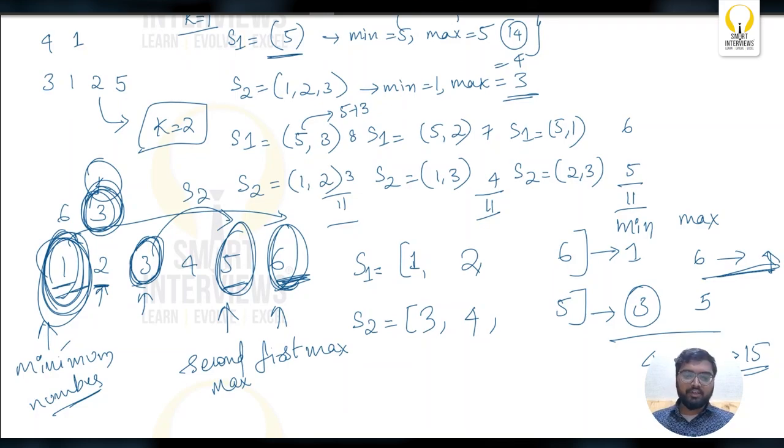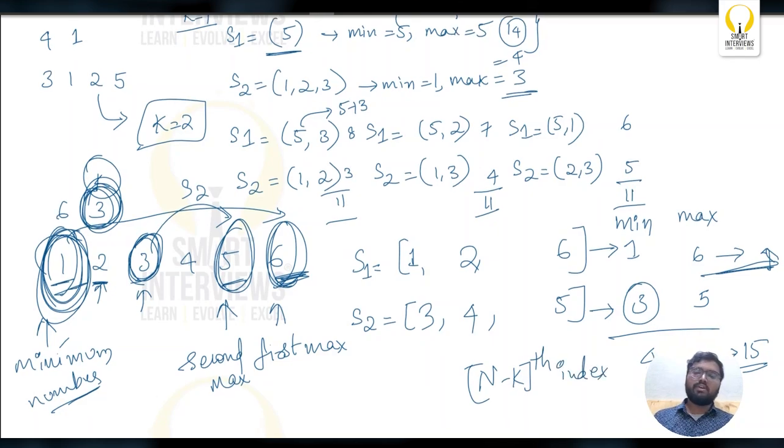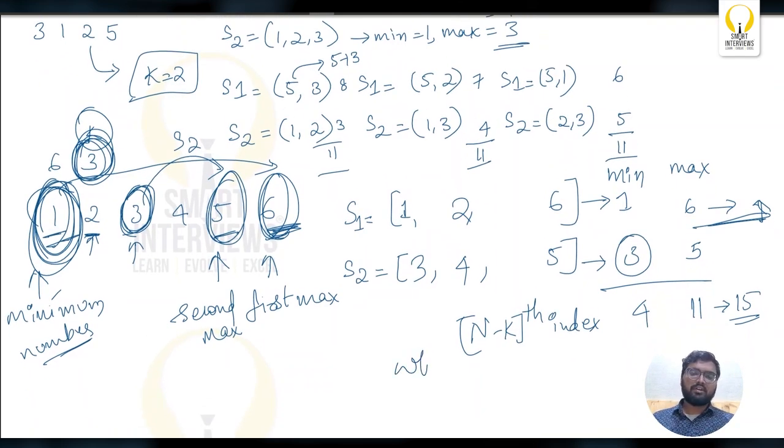So that is the case, we are getting it as the n minus k index, where i is one major index. Okay, so this is all about the problem explanation.